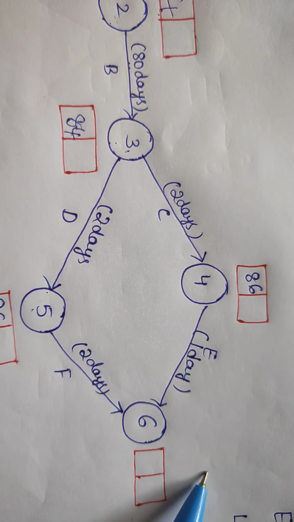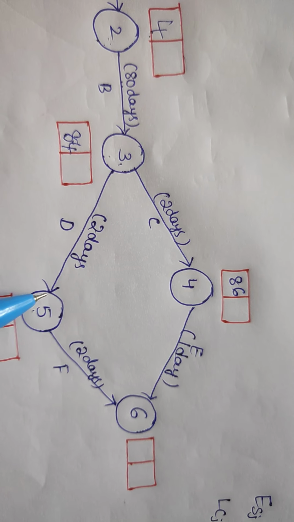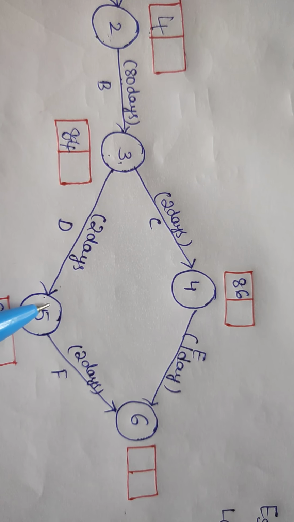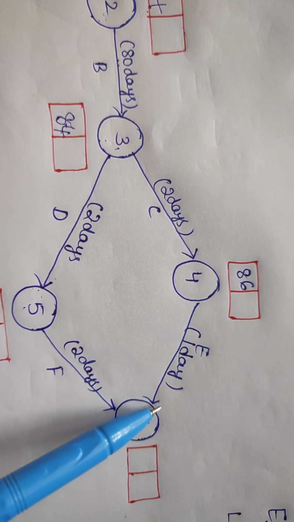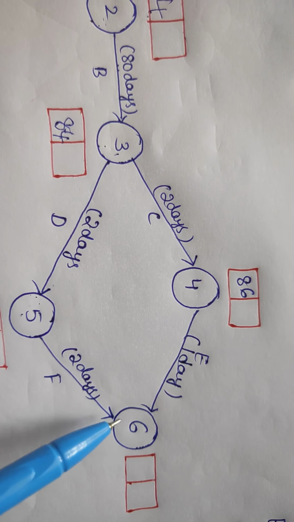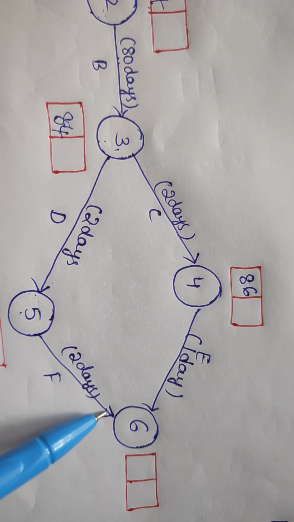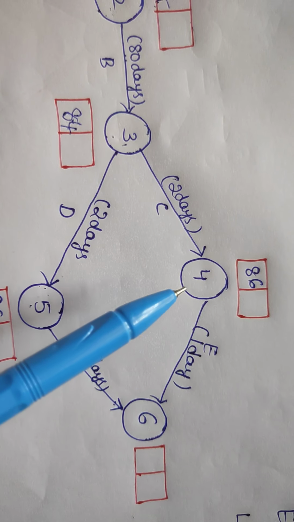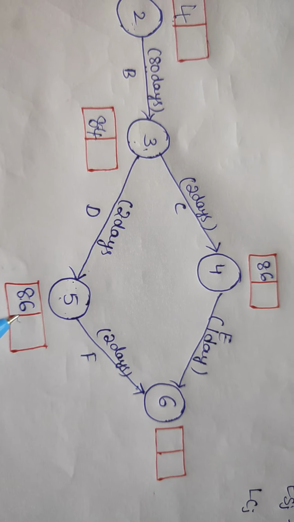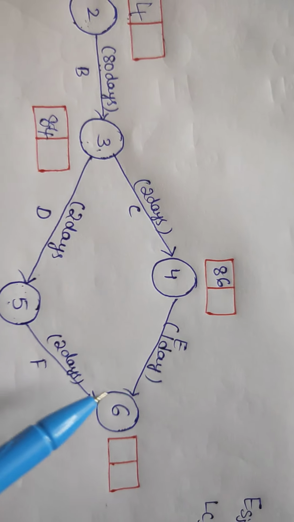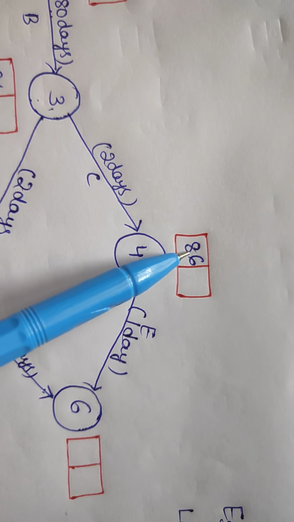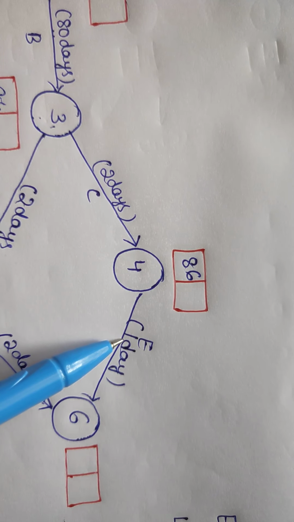So till now, for each and every event there is only one head event, but at 6 there are 2 head events. So that means we have to consider the values of the 4 and 5 earliest starting times. So that means 86 plus 1, total 87 days.